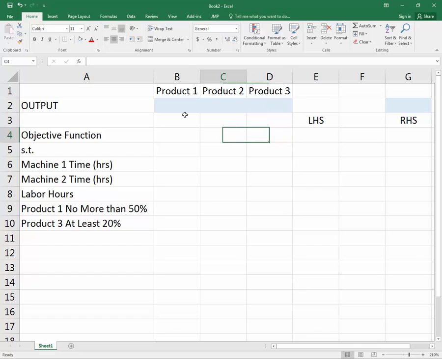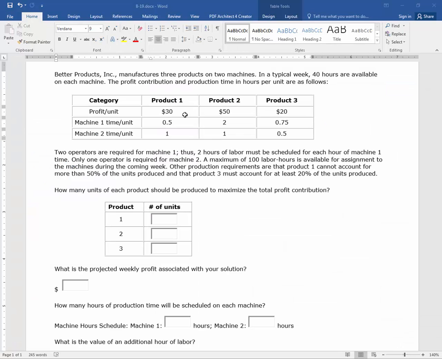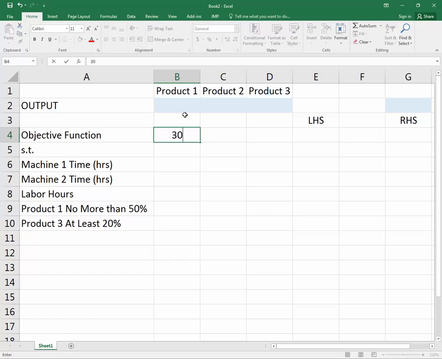And then the objective function, we can read straight from the table. $30, $50, $20. So 30, 50, 20. And then I've gone ahead and pulled out what I think the constraints should be. There's machine 1 time in hours, machine 2 time in hours, the labor hours, the product 1 no more than 50%, and product 3 at least 20%.